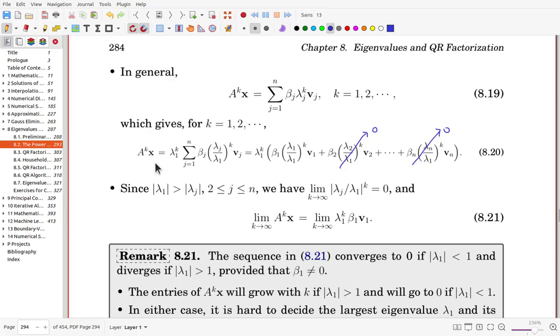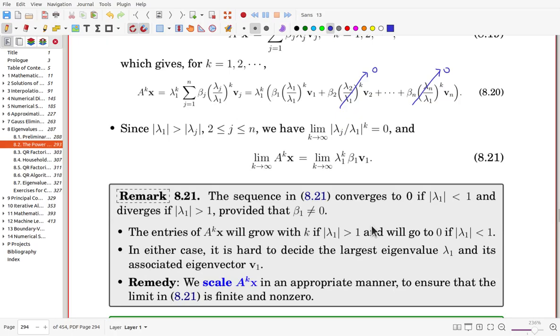Which means that in the limit, A to the k x is, after taking the limit as k approaches infinity, lambda 1 to the k, beta 1, that is 1, and v1. So we reach this right side, right? Okay.